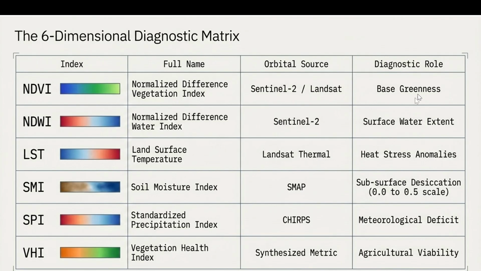NDWI gives you the surface water extent. From LST we get heat stress anomalies. Subsurface desiccation we get from the SMI, mainly soil moisture. Meteorological deficit we get from the SPI: SPI 1, SPI 3, SPI 6, no problem. And agricultural viability we get from the VSI, mainly vegetation health condition.